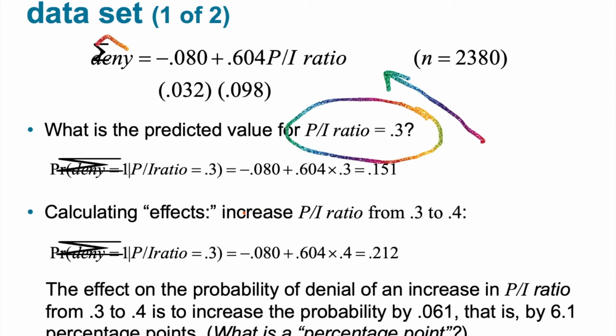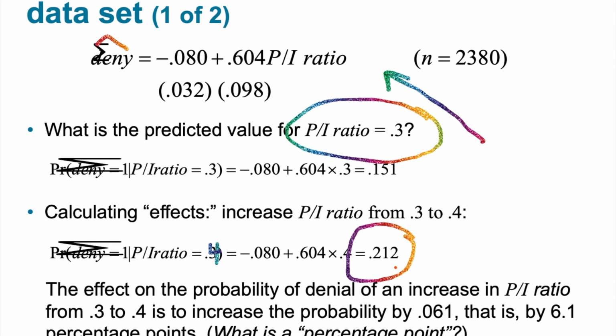We can calculate effects, so we can think about the increase in the payment to income ratio from 0.3 to 0.4. To do that, let's look at the probability of deny given the PI ratio of 0.4. Plug in 0.4 and we find the probability of deny given the payment to income ratio of 0.4 is 0.212.